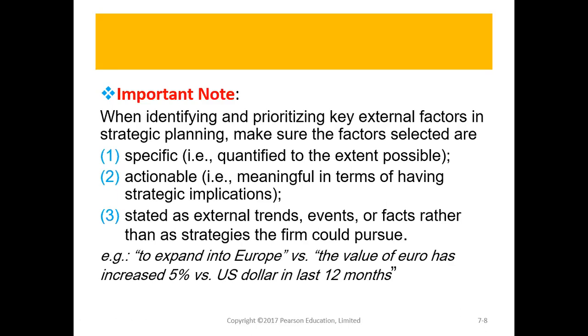The second statement is the fact, and it is in quantity, and it can indicate the action that I should be taking, which is to expand to Europe. Expanding to Europe here is the strategy that I could pursue.